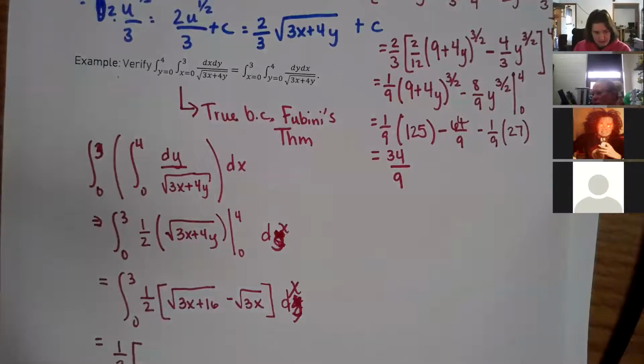Should be dx. Oh, yeah. The book has a typo. Again. There we go.